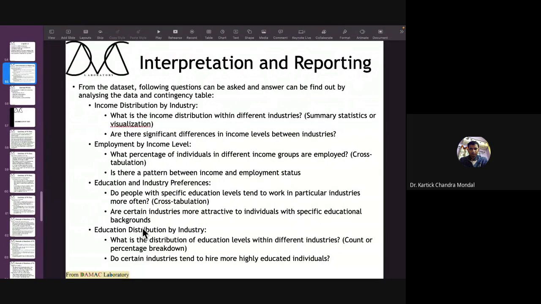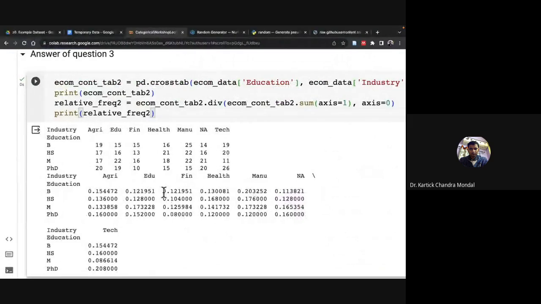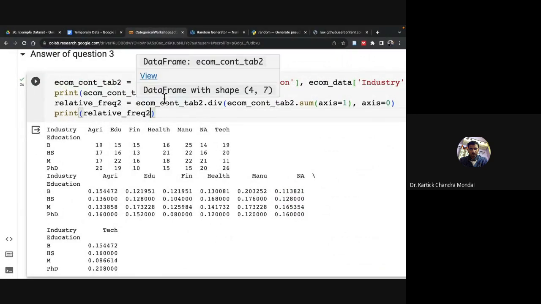Now, the fourth and last question is education distribution by industry. What is the distribution of education level within the different industries? Okay, for question number 3, I have used the row wise relative frequency.